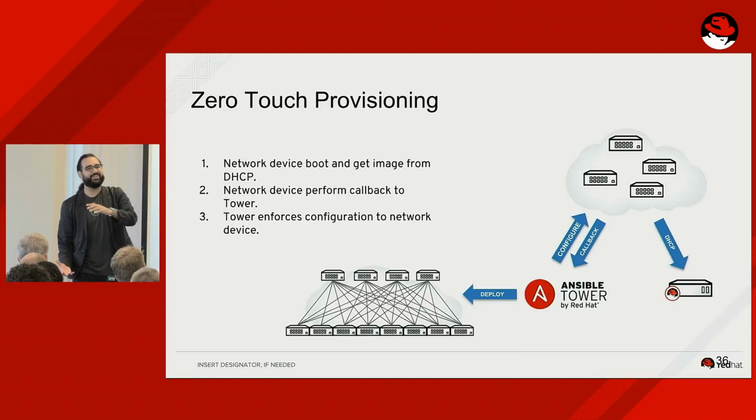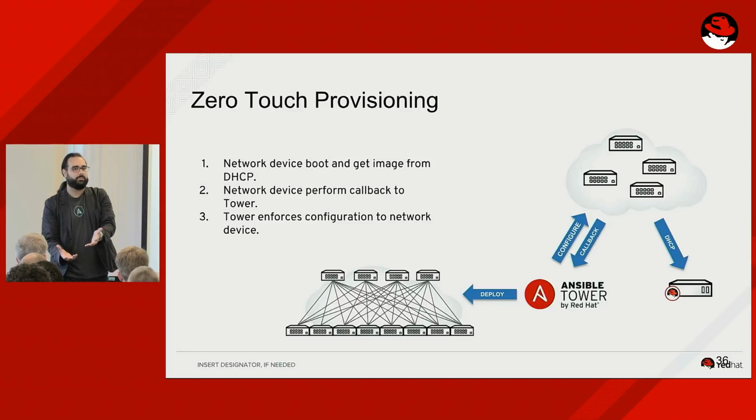It will get all the configuration that applies to leaf, because that's part of your automation. Or if you associate that device, I don't know, to spine, then all the automation applied to spine will come, then the automation that applies to data center 1, I don't know, will come, and so on and so forth. So you roll out all the different automation that you have to have that particular device in the desired state.